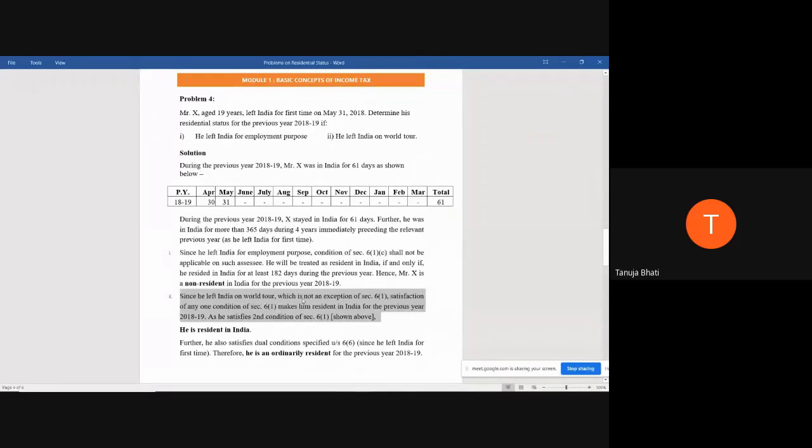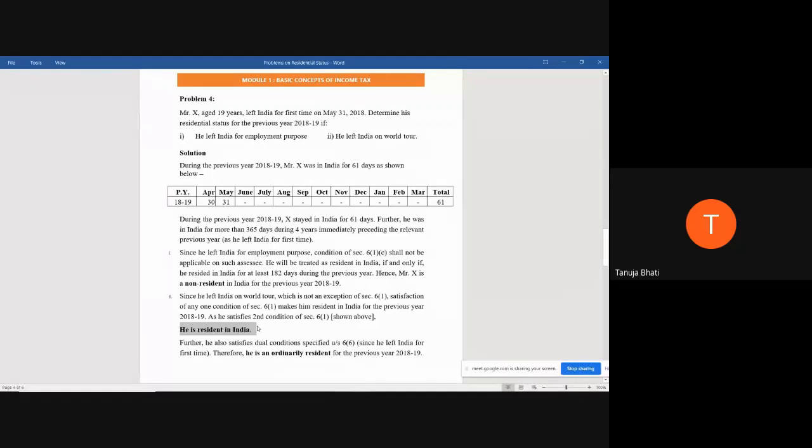So since he left India on a world tour, which is not an exception of section 6 subsection 1, satisfying any one condition specified in section 6 subsection 1 makes him a resident in India for the previous year 18-19. As he satisfies the second condition as shown above, of section 6 subsection 1, he is a resident in India.